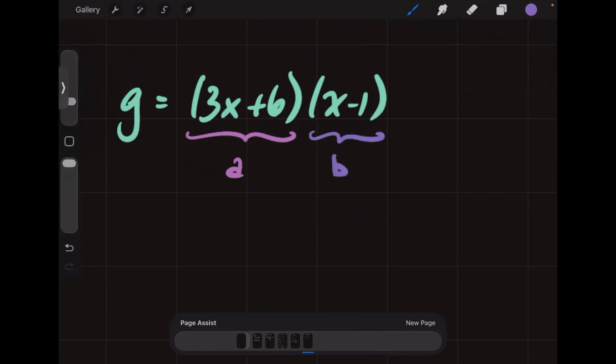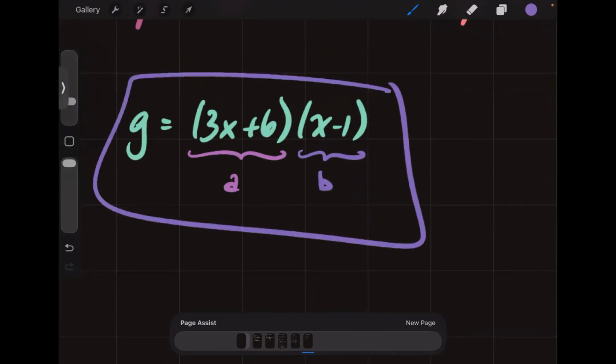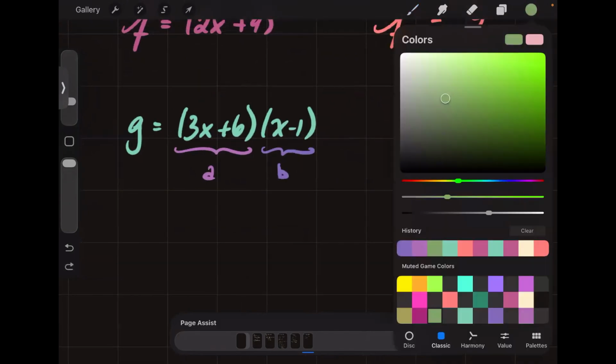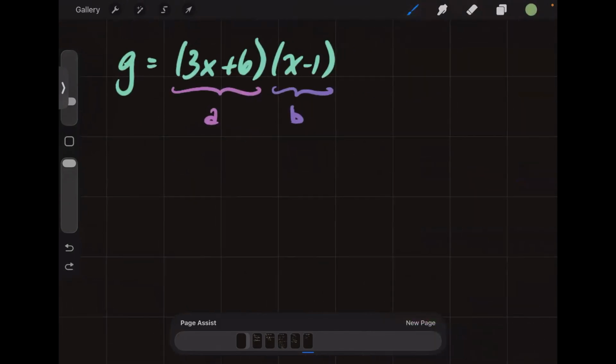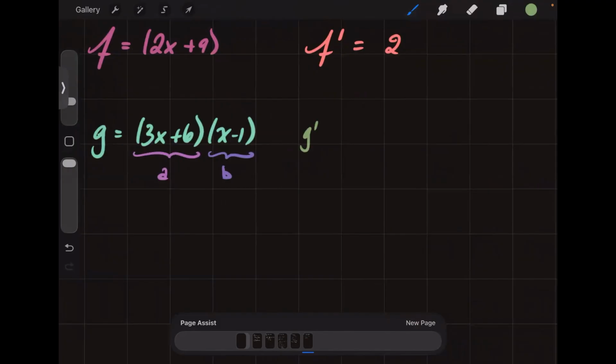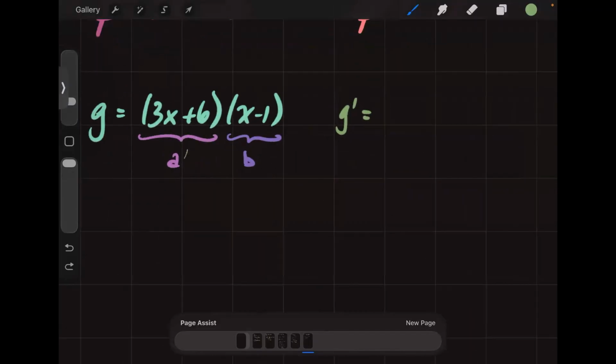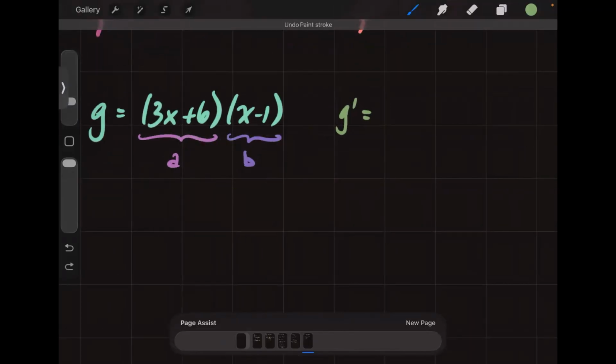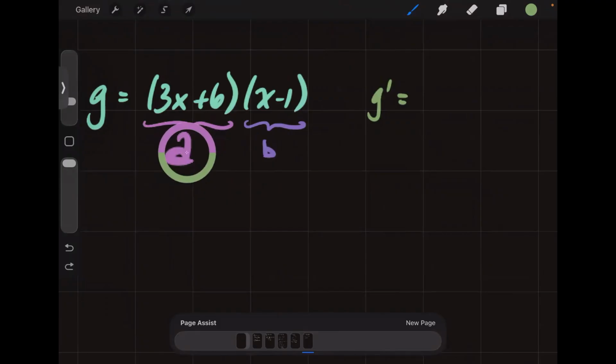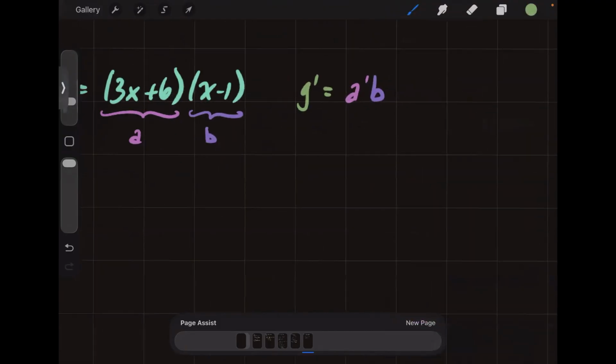Okay? We're going to call this A, and we're going to call this B. Okay? Since this is also a product, right, you know that you can write g prime as equal to, oh, well, the derivative of A times B, right? Some function A times some function B, right? Which is going to give you A prime B plus B prime A. These are primes, okay, friends?